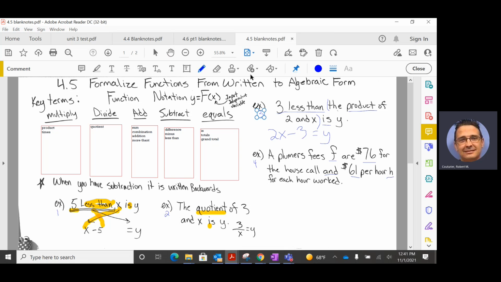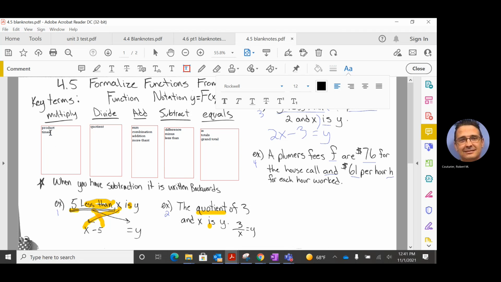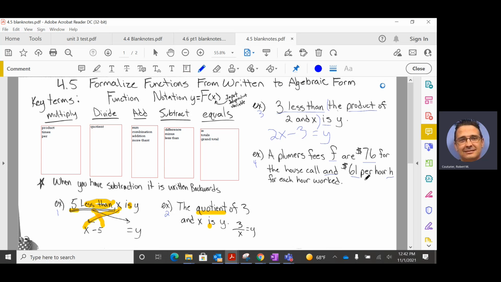So that tells me, look at this, we could add something else over here to our multiplication. Per. 61 per hour. So for every hour that passes, $61 is being charged or multiplied.